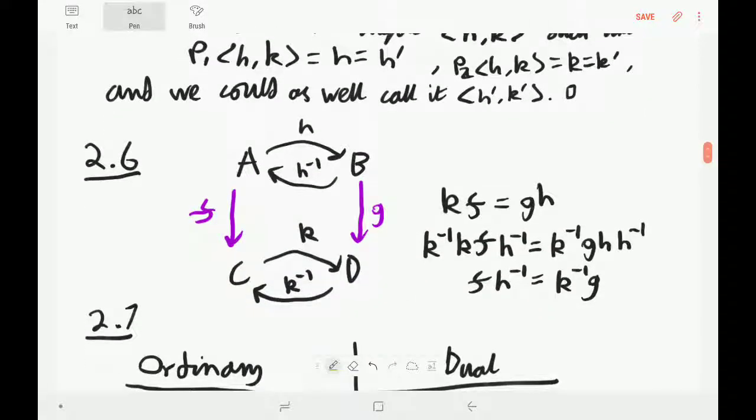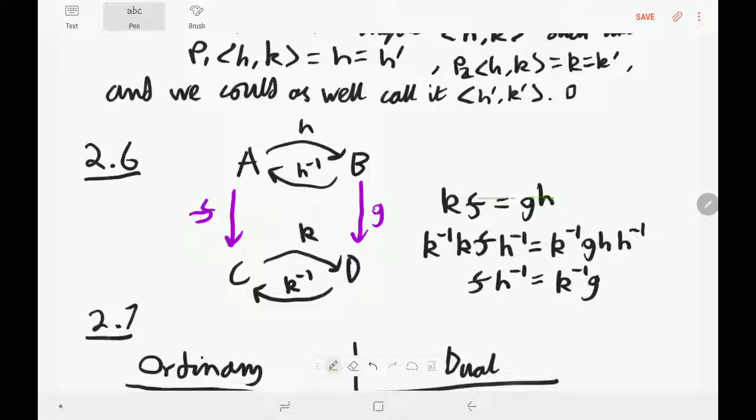Okay, exercise 2.6. Suppose that we have an isomorphism h from A to B and an isomorphism k from C to D, and we have an arrow f from A to C and an arrow g from B to D. We have to show that the equation f h^-1 = k^-1 g follows as a consequence of this equation here, which is kf = gh.